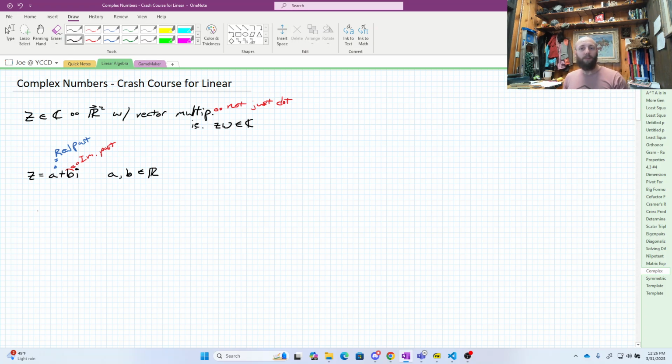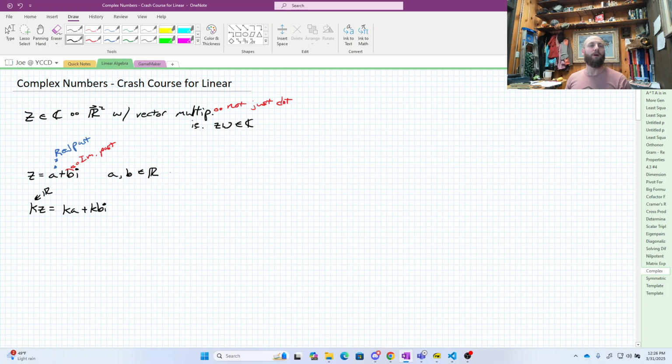Okay, let's start with something simple. Let's scale a complex number. If k is a number in R, then kz is going to be ka plus kbi. That's it. It just scales the pieces. That works the same way that you might think about vectors.